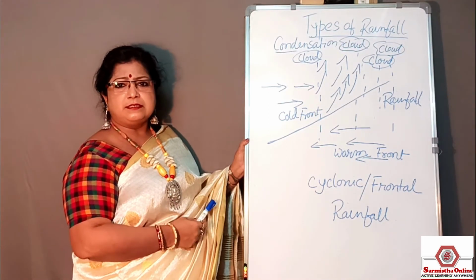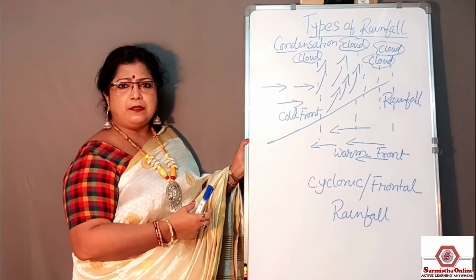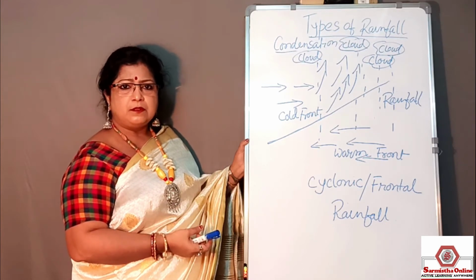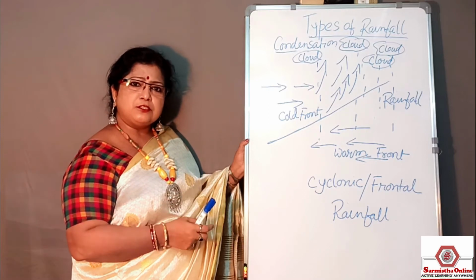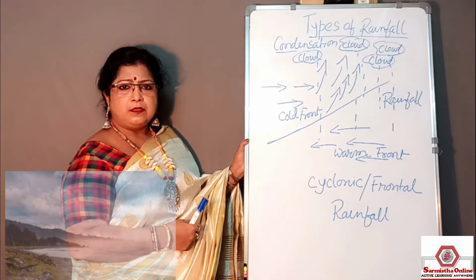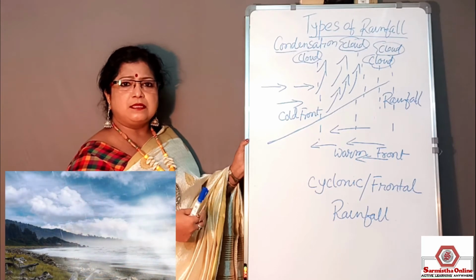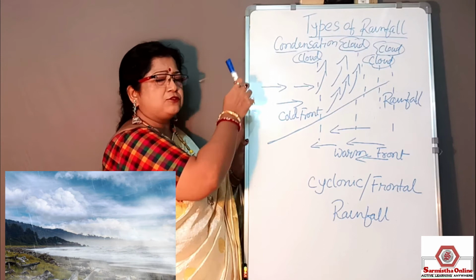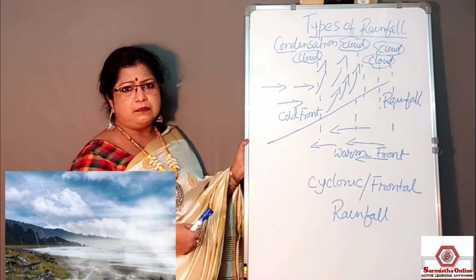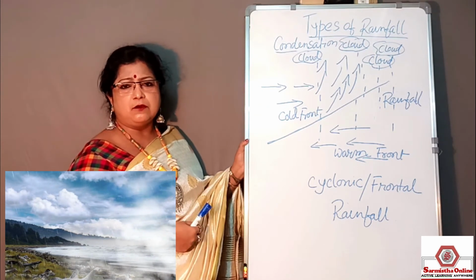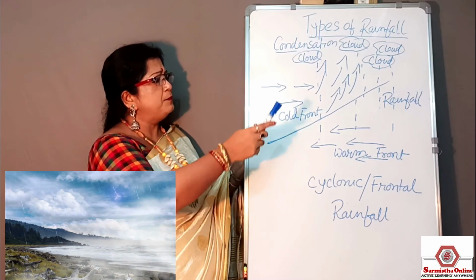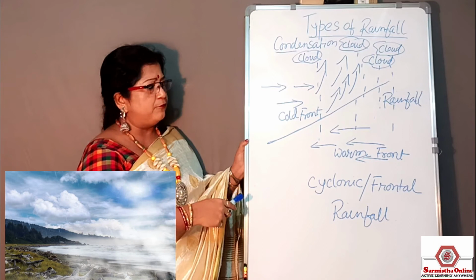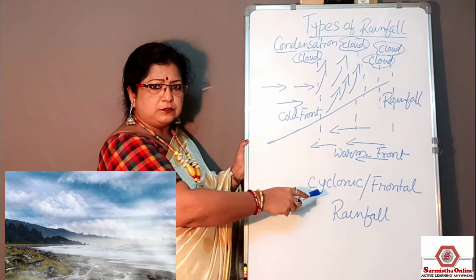Due to the condensation, the water vapor turns into water drops. The formation of cloud occurs, and as soon as the cloud becomes very heavy and the air becomes saturated, it cannot contain the moisture anymore, and it comes back due to gravitation over the ground as rainfall. Then heavy rainfall occurs.